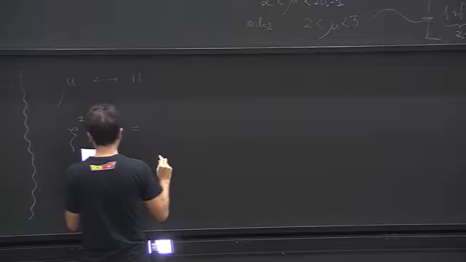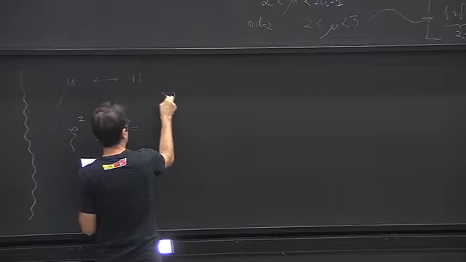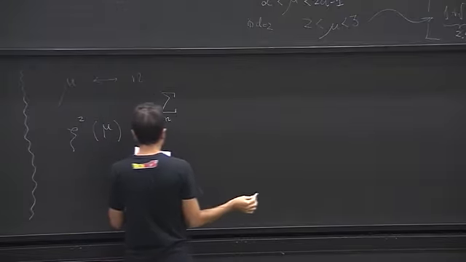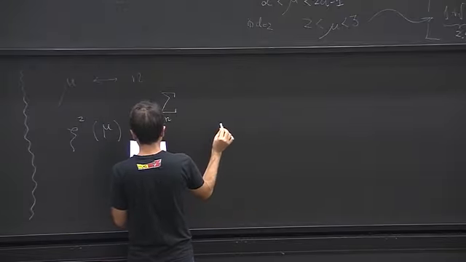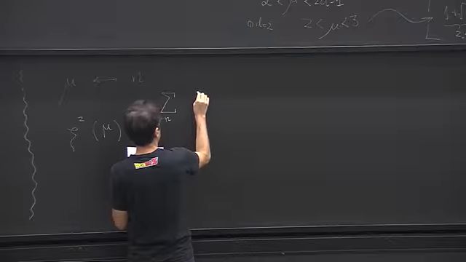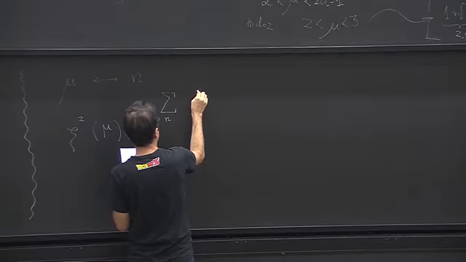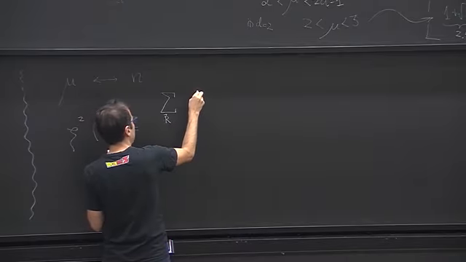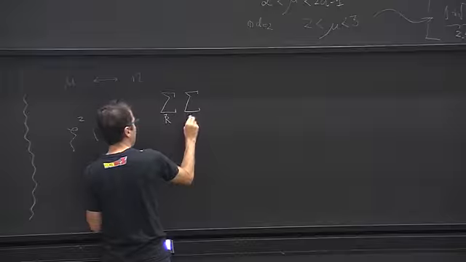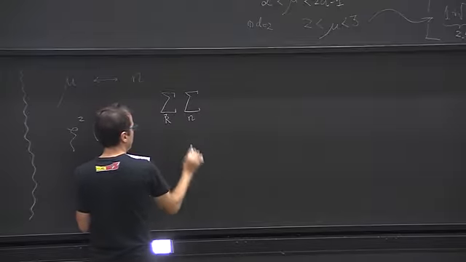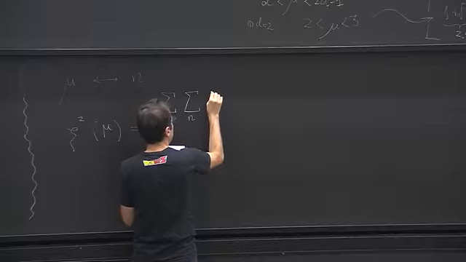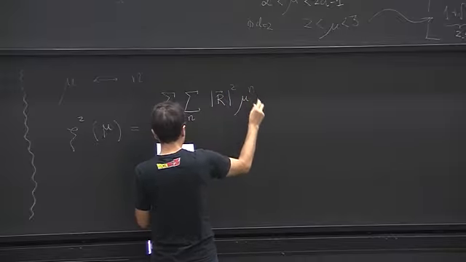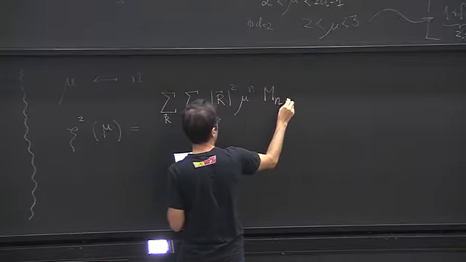This would be something like this, where I sum over all distances r, and then I sum over all paths of n steps that go from 0 to r, and I average r squared times mu to the n times how many paths there are.